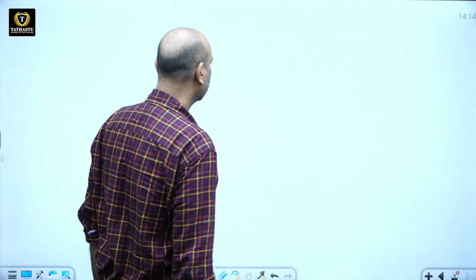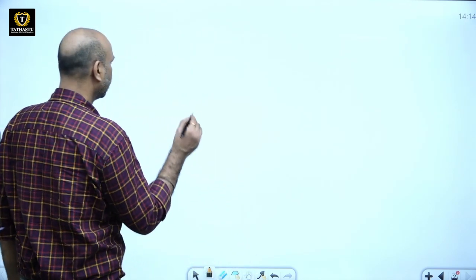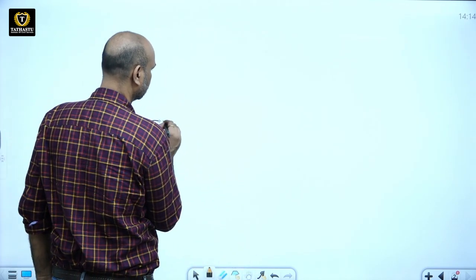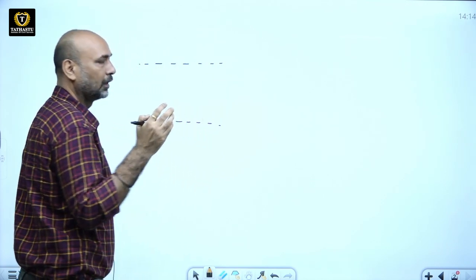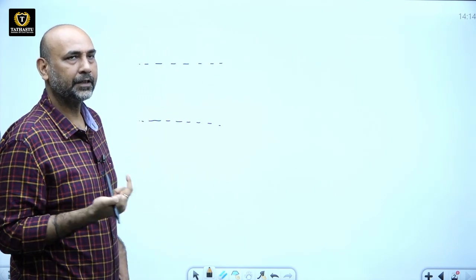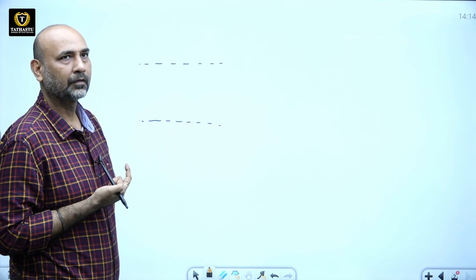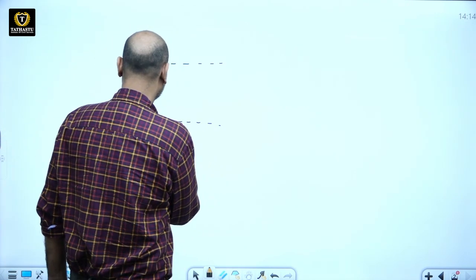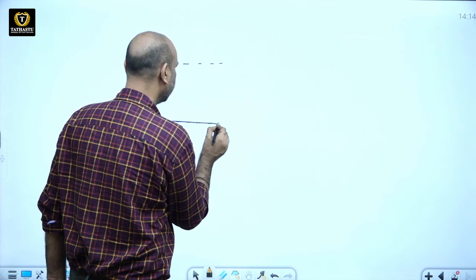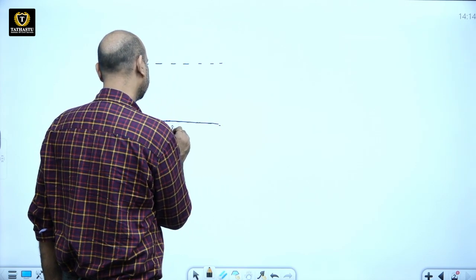So we have to first make the diagram. Whatever the diagram I taught yesterday, I am going to divide it into three parts. This is surface.